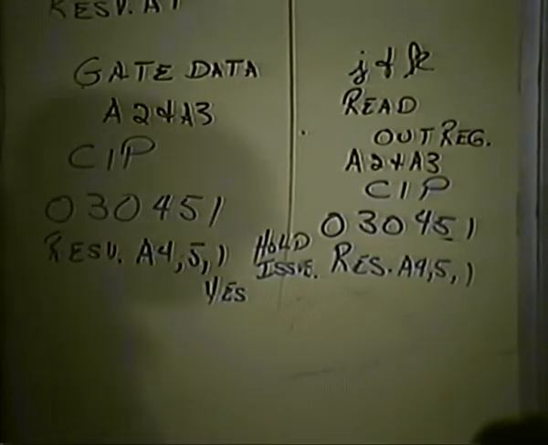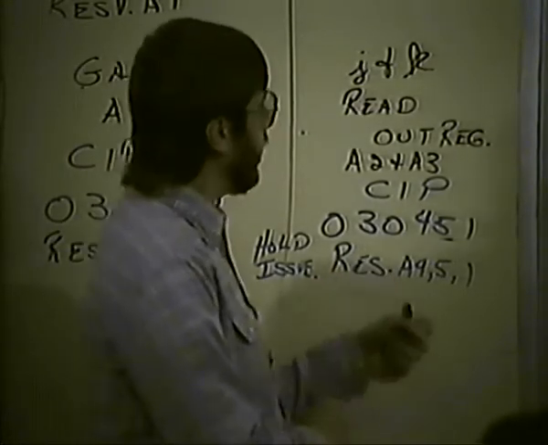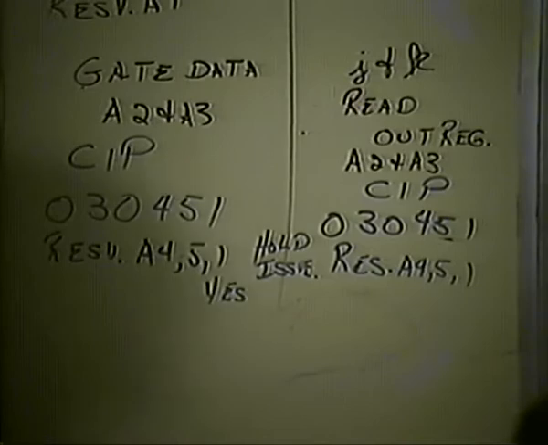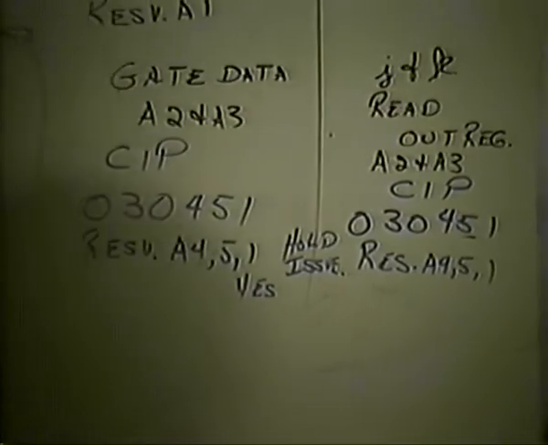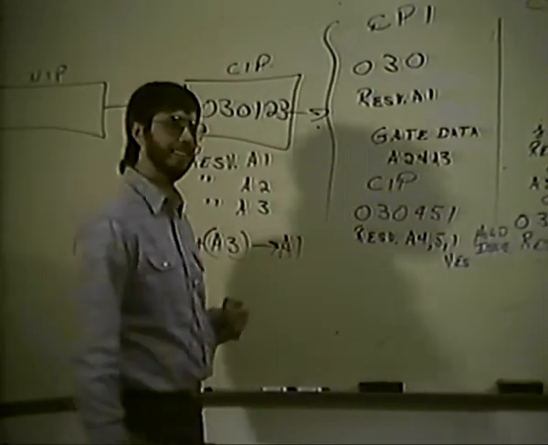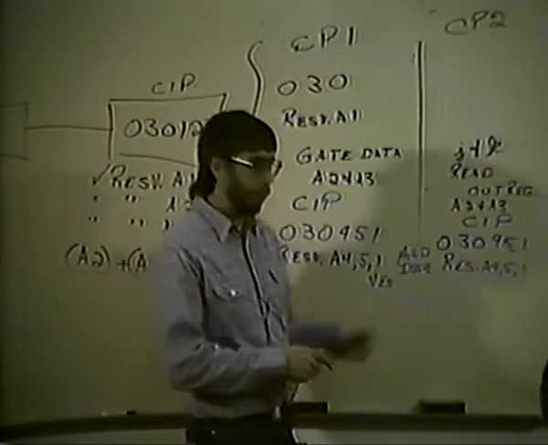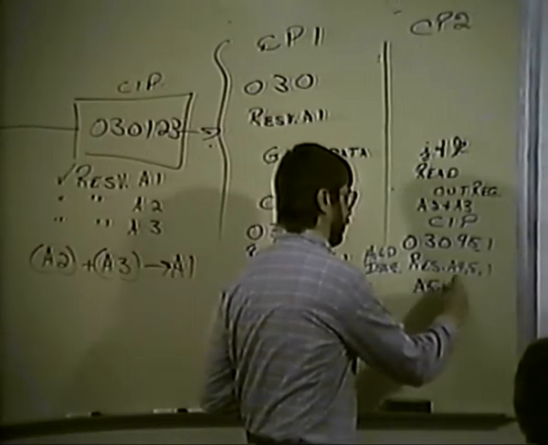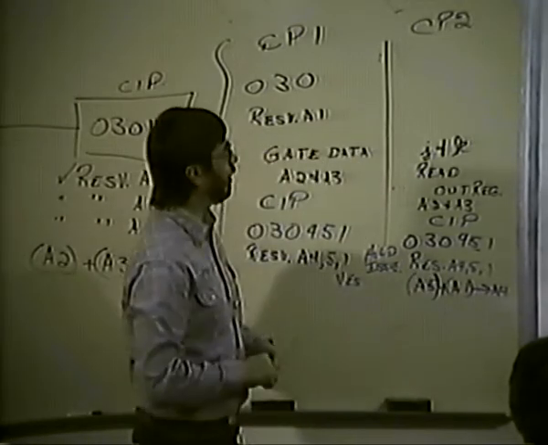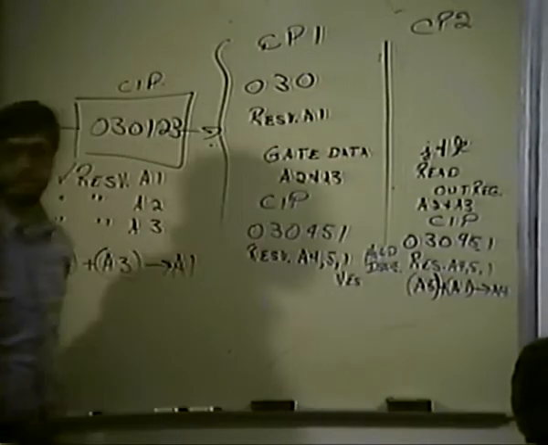Well, what we're going to do now is we're going to play a little trick on you here. Right here, we're going to say, is A4, 5, and 1 reserved? And the circuitry says, well, let's analyze this condition first. Actually, the circuitry is already built, but this is what we're designing now and seeing what we can do. If we want to add A5 plus A1, it's going to take us until clock period 4 of that first instruction to get A5 into the readout register, isn't it?